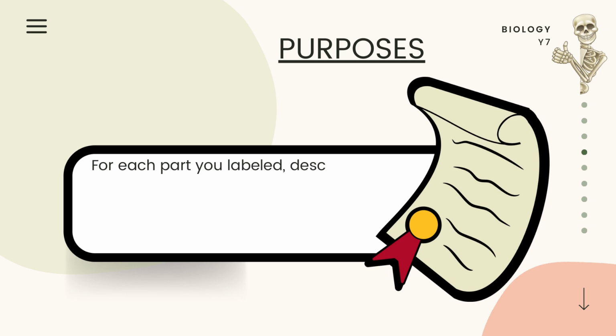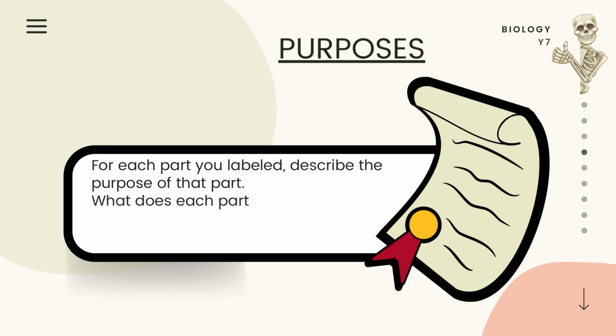So for each part you labeled, describe the purpose of that part. What does each part do? If you don't know the exact purpose of that part, then try to think of its purpose.